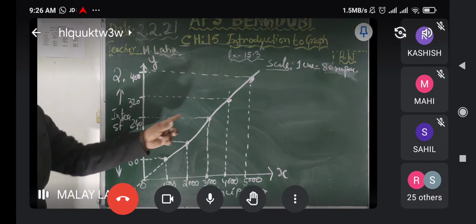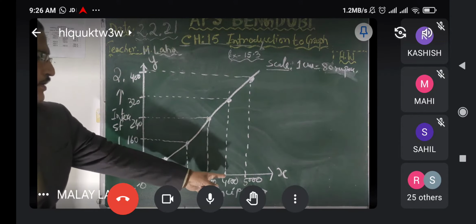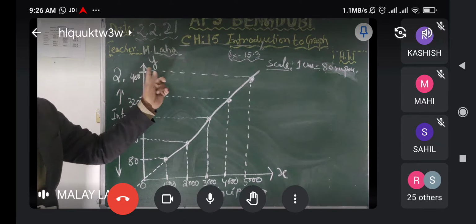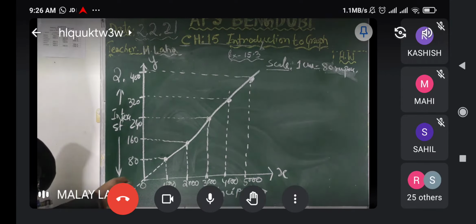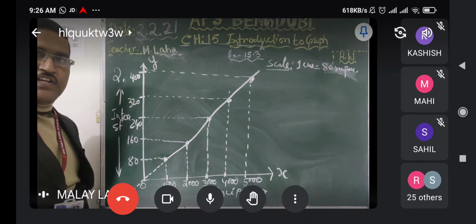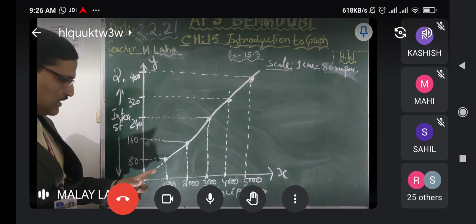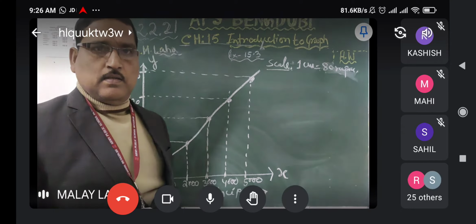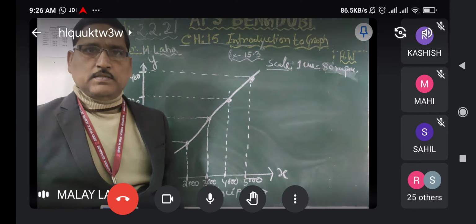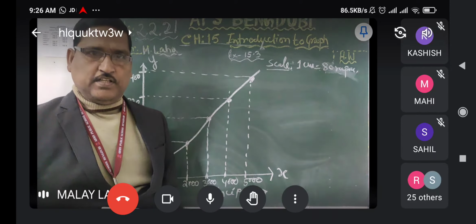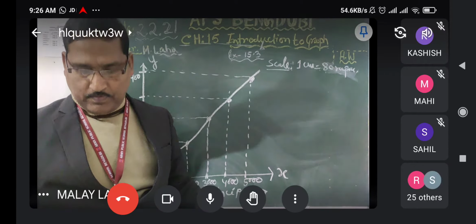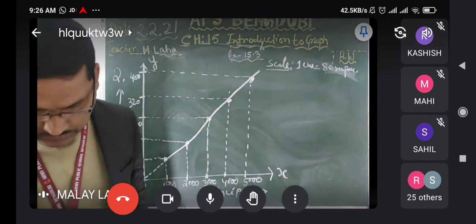So 3000 and 240, 4000, 320, 5000, 400 rupees. If I join it, it will be a very straight line, and the straight line also passes through the origin. That means principal and interest, in case of simple interest, always form a linear line graph.